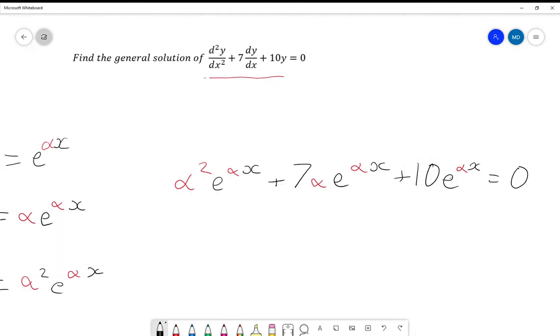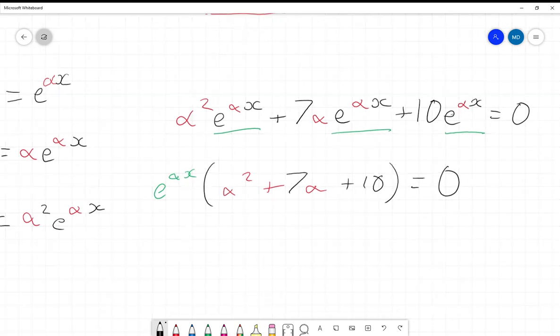And of course that equals 0. But what we should notice is that in every term we've got this e to the alpha x. So I can factor that out. So I get e to the alpha x lots of alpha squared plus 7 alpha plus 10 equal to 0.